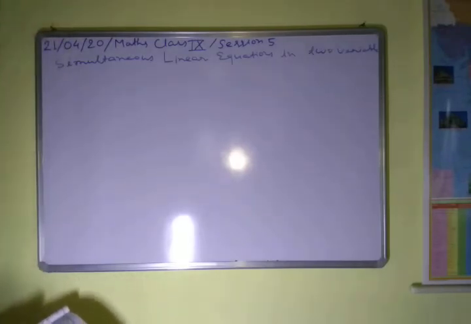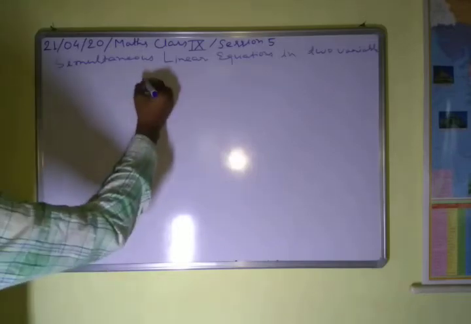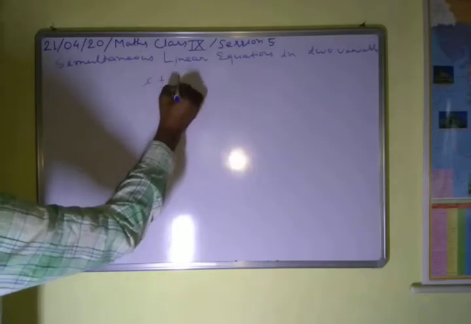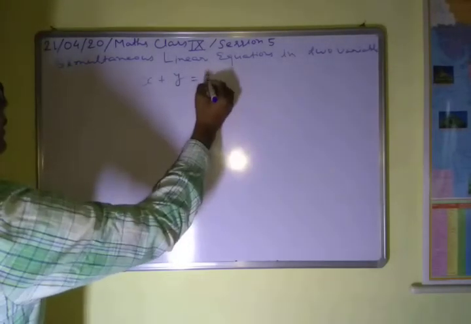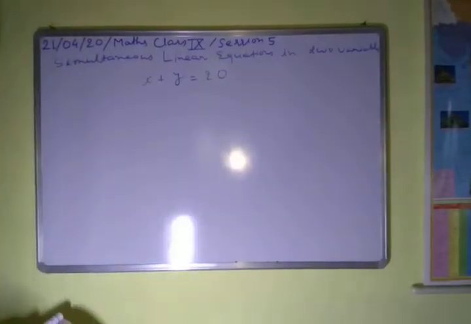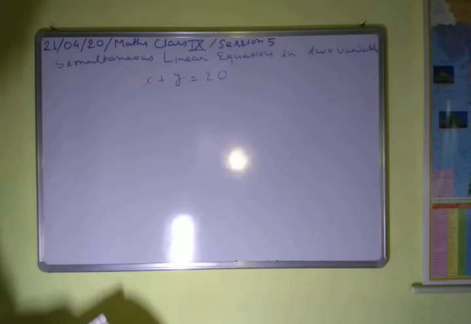So consider two equations first. One equation is given: x plus y equal to 20. This is one equation, and the other equation is, suppose, 10x plus 5y.